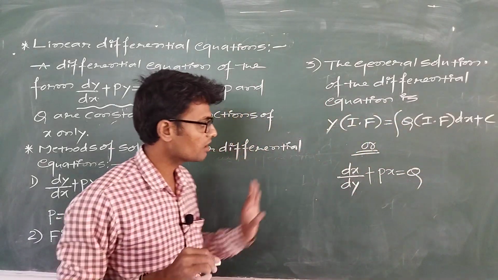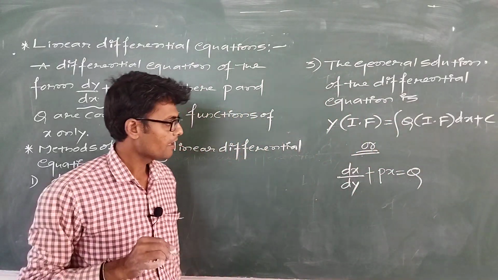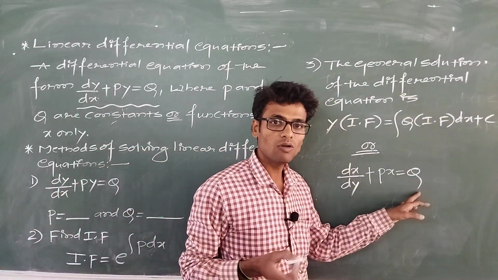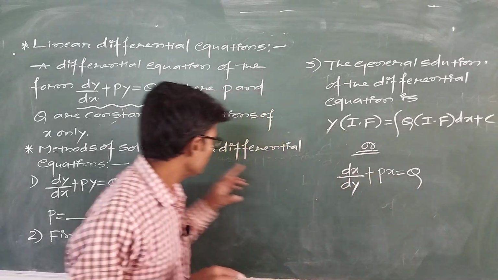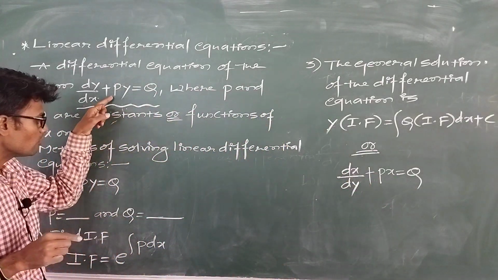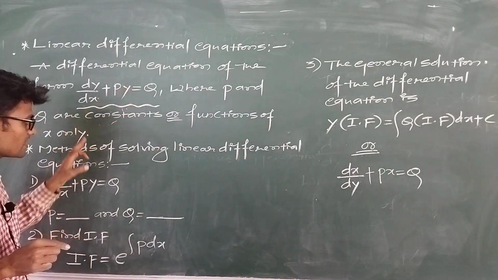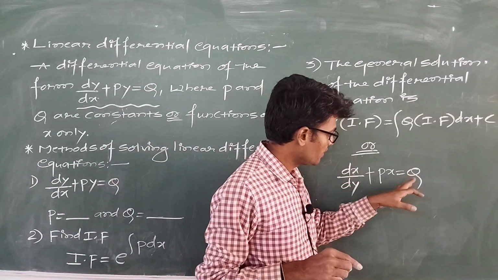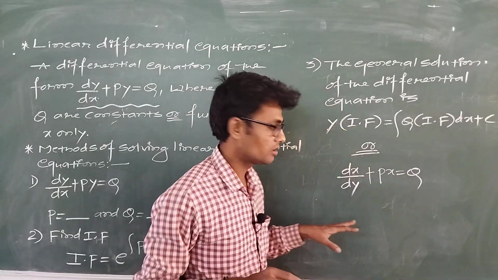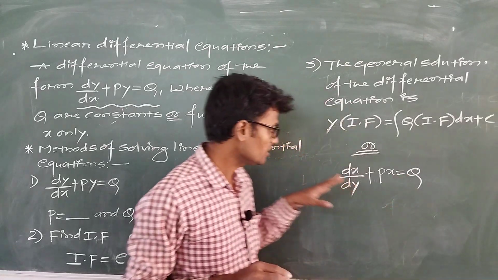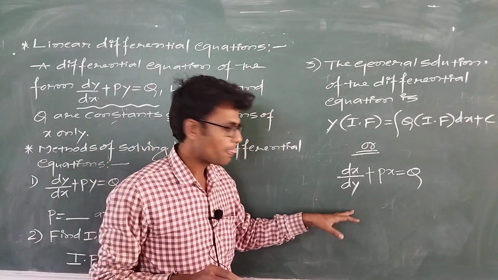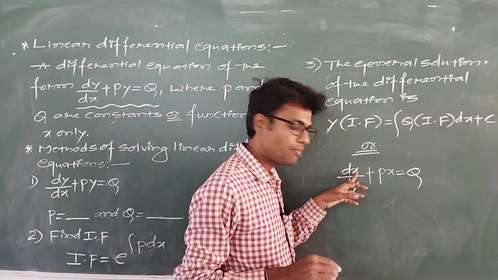But here p and q are functions of y or constants. In the earlier linear differential equation, p and q are functions of x only. This is the difference to remember. Here x is dependent and y is independent.